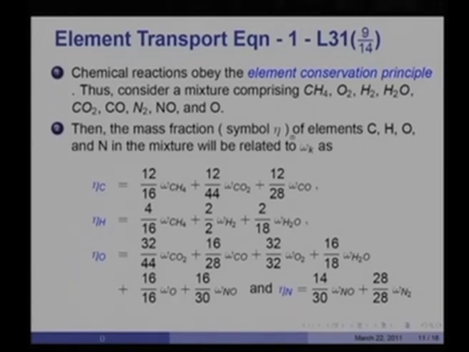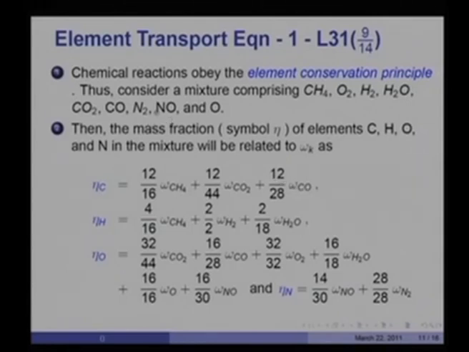Then the element fraction is defined as eta sub C, which would be molecular weight of carbon divided by molecular weight of methane multiplied by the mass fraction of methane, plus molecular weight of carbon divided by molecular weight of CO2 times omega CO2. Basically, what it says is the element fraction of C in methane would be this much, in CO2 will be this much, and in CO will be this much.